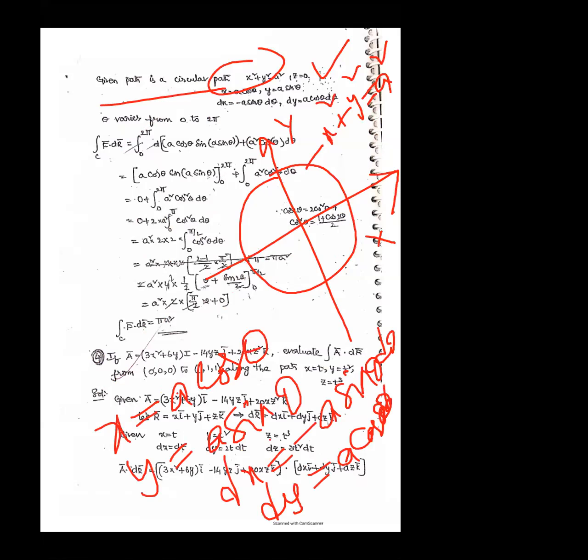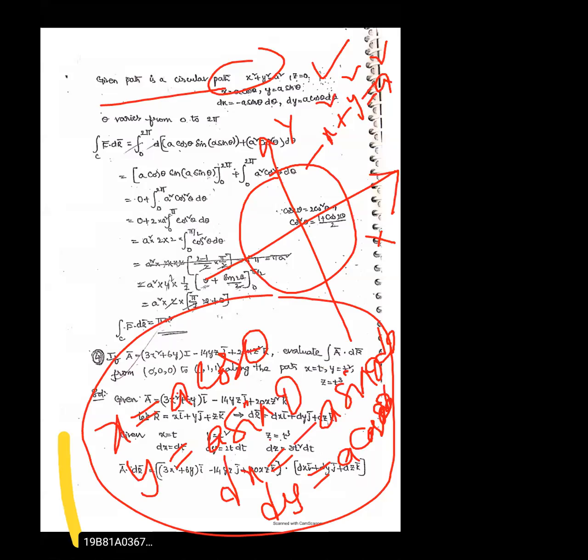So we substitute all these values in the problem. Why? Because it is not possible to convert x completely in terms of y or y in terms of x, that's why both terms are converted into theta. Then it is possible to calculate the line integral.